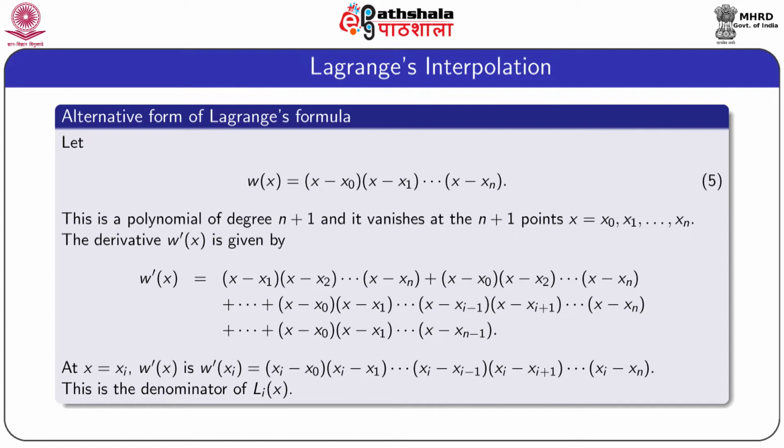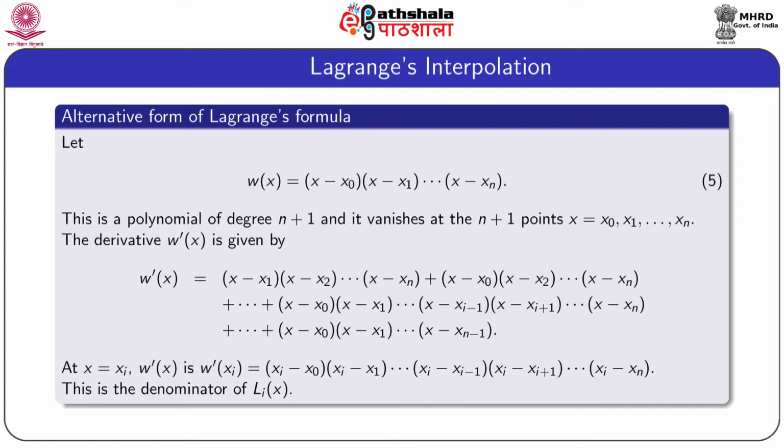For this purpose we assume that W(x) equal to (x minus x_0)(x minus x_1) up to (x minus x_n). That means all the factors are present in this expression of W(x). Note that the degree of W(x) is n plus 1 and it vanishes at the n plus 1 points x_0, x_1 up to x_n.